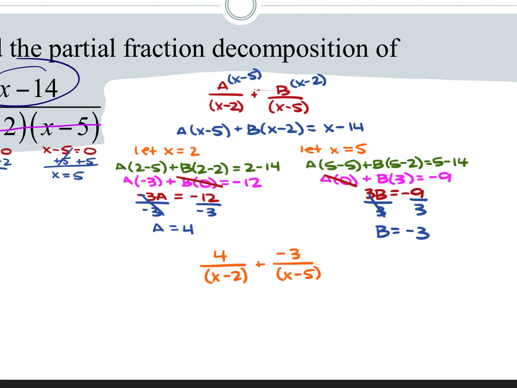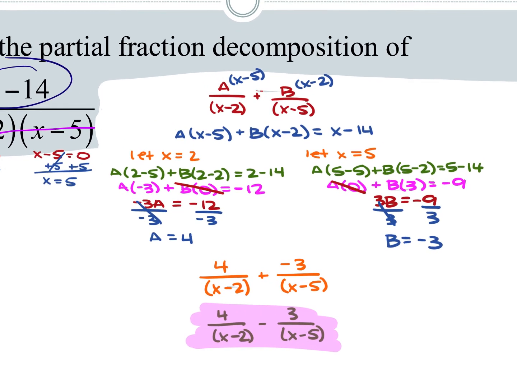A positive times a negative with that plus negative 3 gives us a negative. So this would really be seen as 4 over x minus 2 minus 3 over x minus 5. So again, we're just simplifying those signs as well.